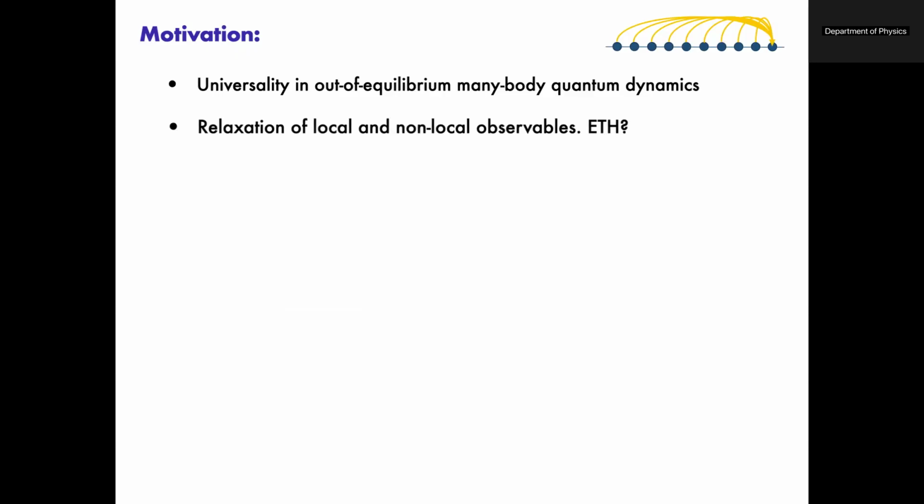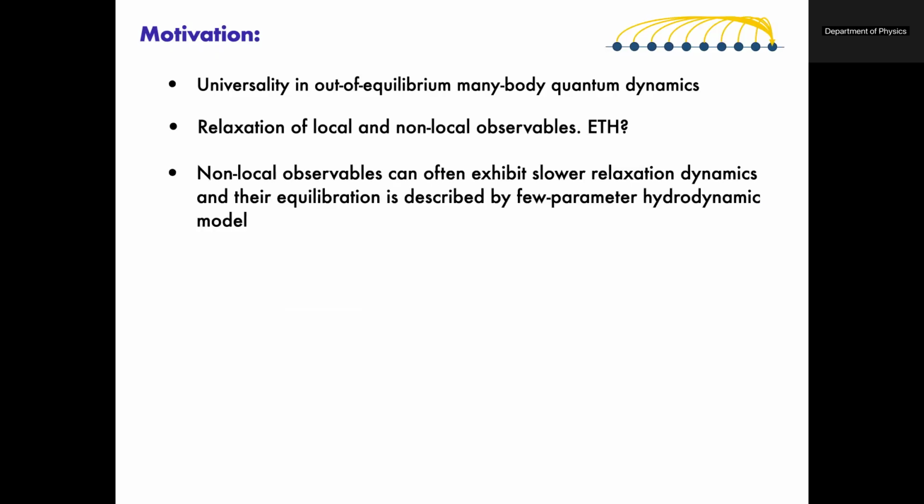But if you have so-called non-local observables, meaning observables which involve order of system size sites in your lattice, the dynamics itself will be very different, and the long-time prediction may or may not follow. It's not really obvious, and often the dynamics are very different from how local observables behave. A local observable can relax very quickly, but a non-local observable can have very different dynamics.